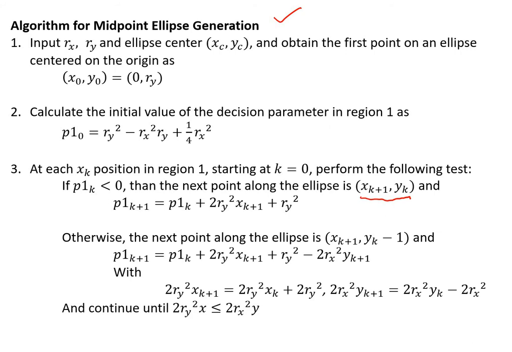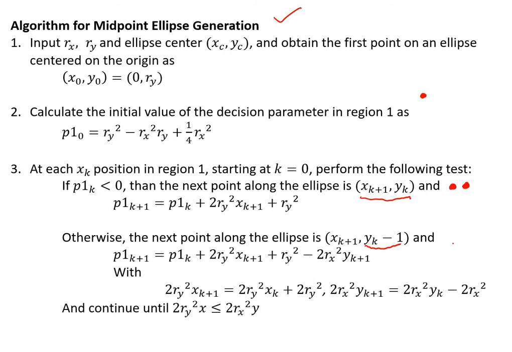Otherwise, if p1k, the decision parameter, is greater than or equal to 0, the next point we will take is (xk plus 1, yk minus 1). That means if we are at this pixel, in the first case the next step we are going to take is horizontal.